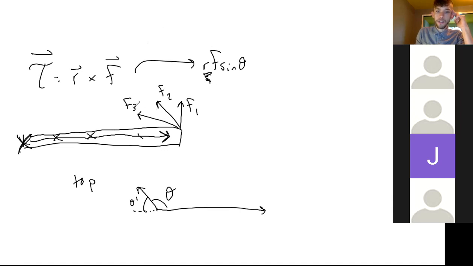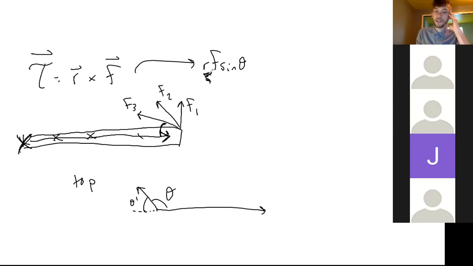It should be clear to everybody that F3 is going to supply the smallest torque, because the sine of that angle is going to be small, right? However, F1 is going to supply the largest torque, because that gives you the maximum sine value you can have. You guys all know that sine is between 0 and 1. The sine of 90 degrees is 1. The sine of 0 degrees is 0. So the closer we are to 90 degrees, the closer we are to perpendicular, the bigger our torque will be.